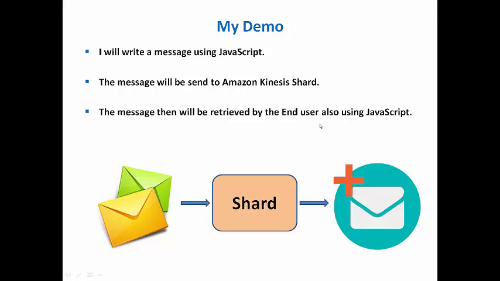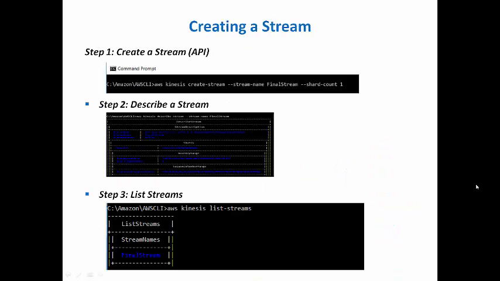In my demo, I'm mainly using JavaScript to do these processes. The first thing I needed to do was to create a stream, and I used the AWS CLI commands to create the stream.